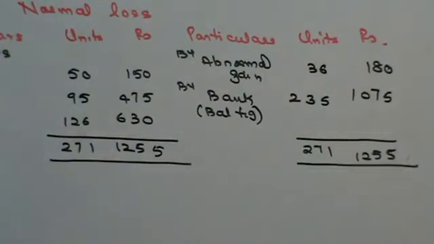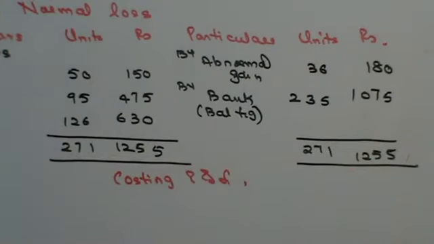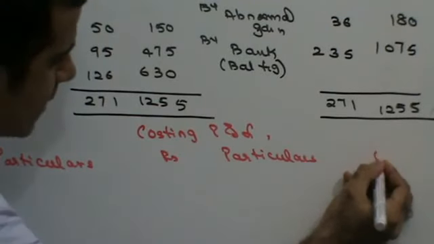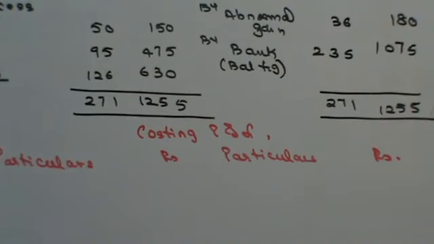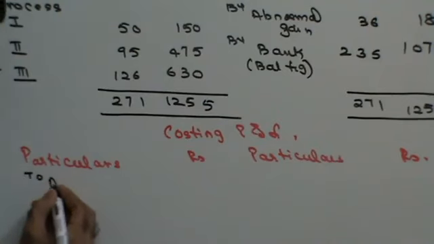Then the last account that you have to make in this is called costing P&L. This is particulars, rupees, particulars, rupees. How do I make costing P&L? Now, you have costing P&L in your abnormal loss account on the credit side. All of you please see your abnormal loss account on the credit side. You have written costing P&L. That will come here on the debit side as to abnormal loss.